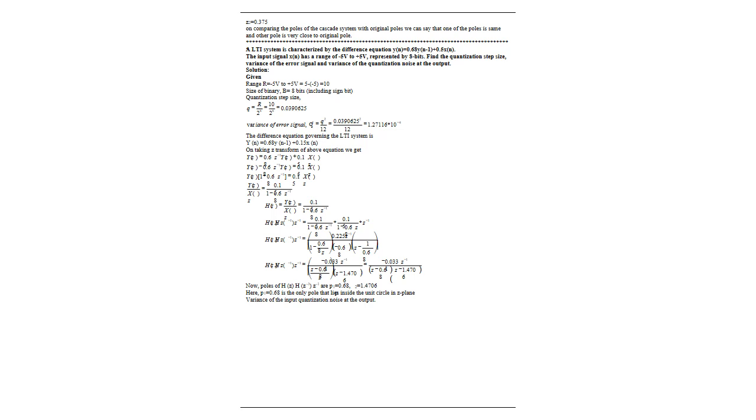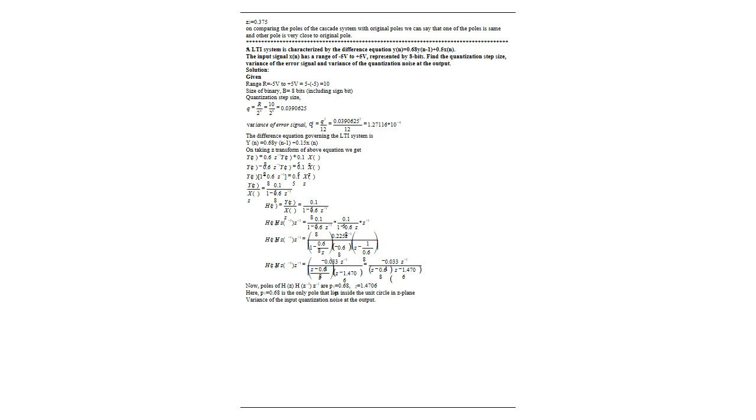So the difference equation governing the LTI system is y of n is equal to 0.68 y of n minus 1 plus 0.15 x of n. On taking the z transform on both sides, we get Y of z is equal to 0.68 z inverse Y of z plus 0.15 X of z.